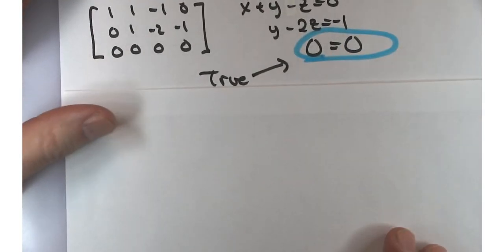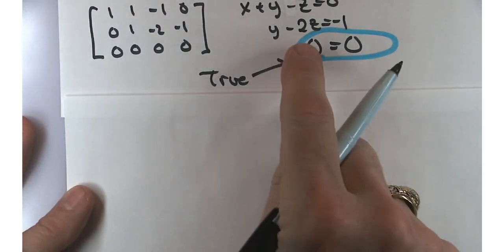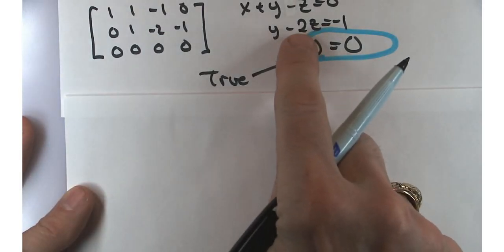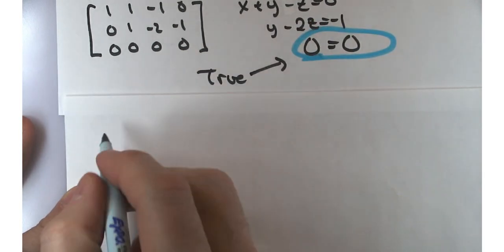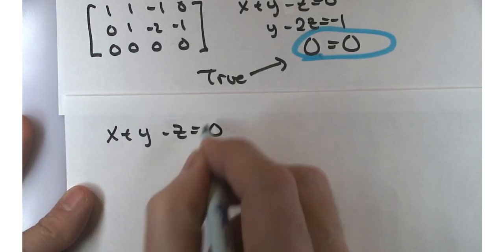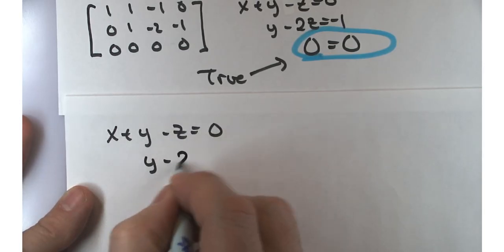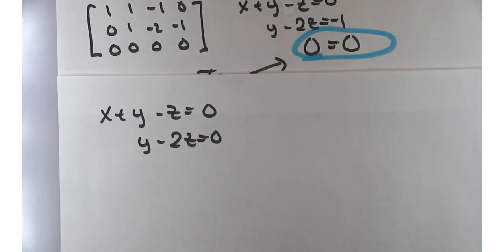Well, let's see here. You've got x plus y minus z equals 0. And then over here, for that second equation, gives us a chance to solve for y. Let me move the z term to the right-hand side.